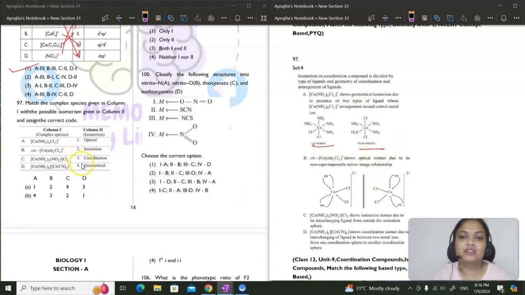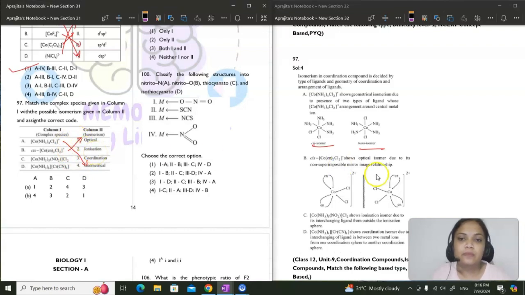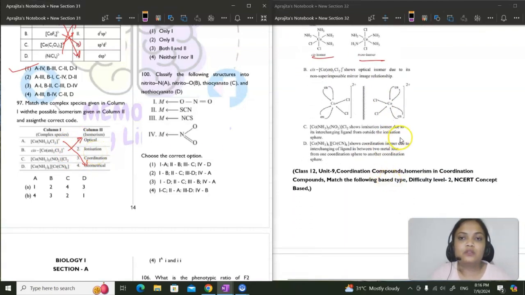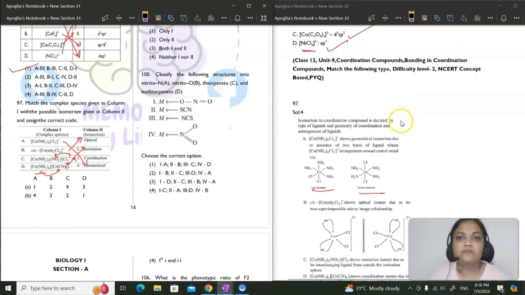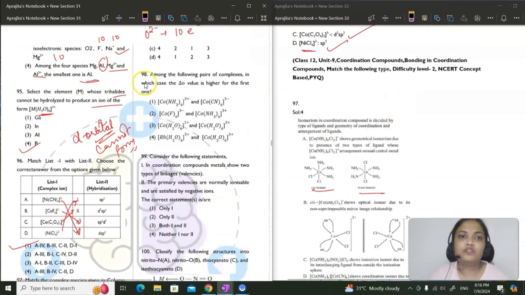This question is done already, so it will show optical isomerism. The next one shows ionization isomerism, because the chlorides are outside the coordination sphere and exchange of ligands can happen. They show coordination isomerism. So it's option D.